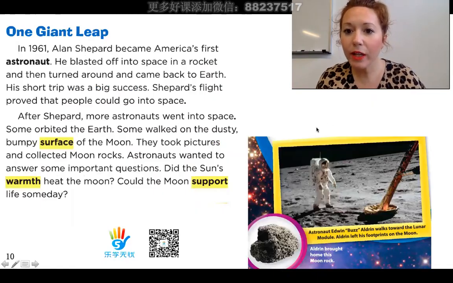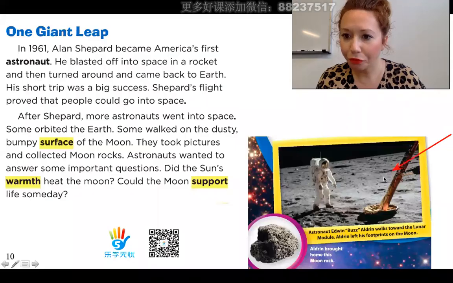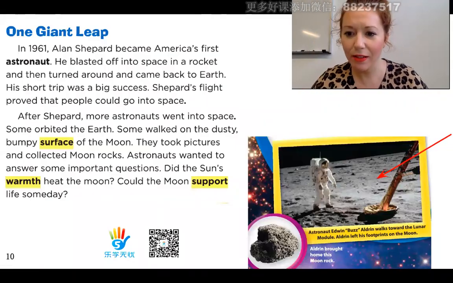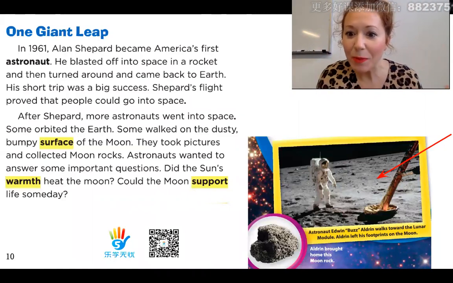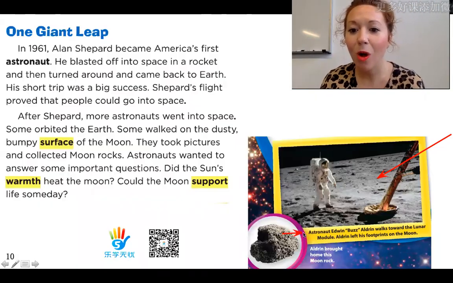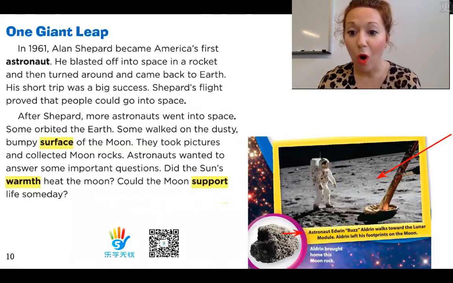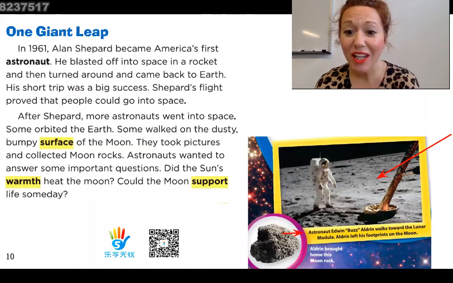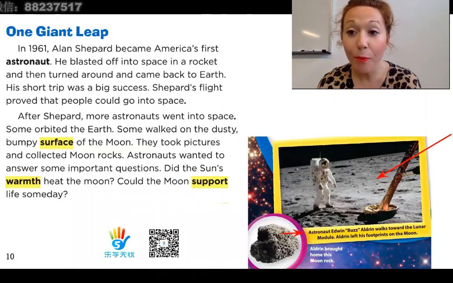So let's take a look at our picture. What do you think this picture is telling us? Okay, so this picture is telling us about the astronaut, and his name is Buzz Aldrin. Now, Buzz Aldrin obviously walked on the moon. And when he finished, he brought home a piece of moon rock.